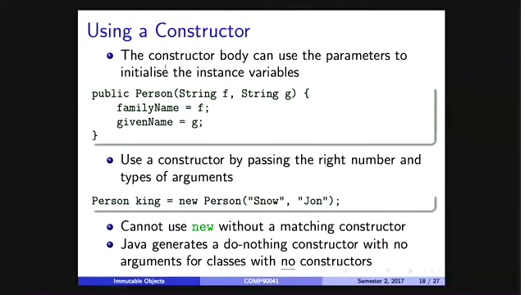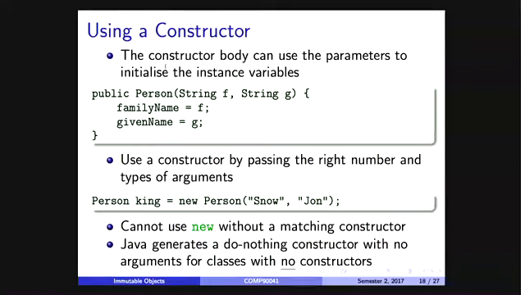You don't get the instance variable. So that's why I've called this f. The kind of natural thing to call it would be familyName, wouldn't it? But if I called it familyName, then this would say familyName equals familyName, which kind of sounds like nonsense, doesn't it? It wouldn't work. It would just be reassigning the familyName local variable to the value it already has.